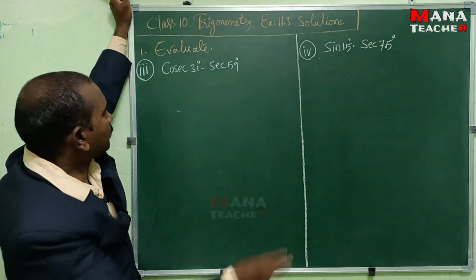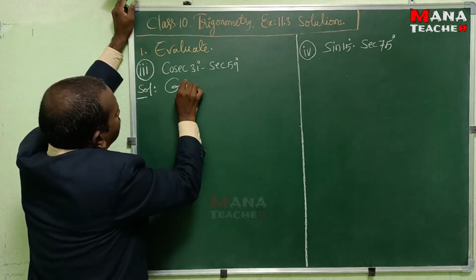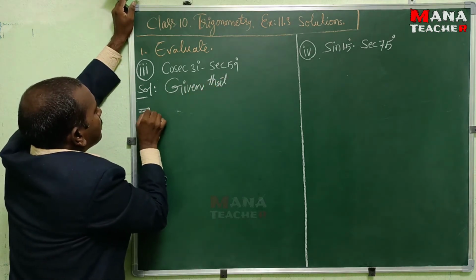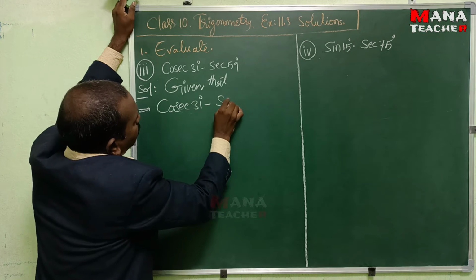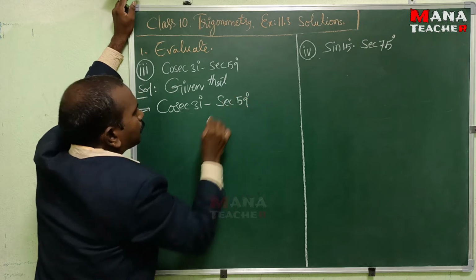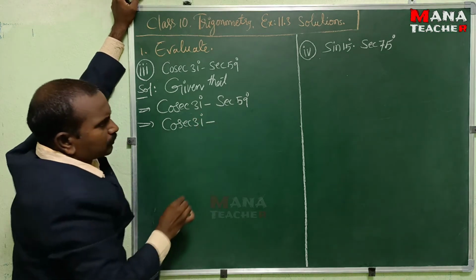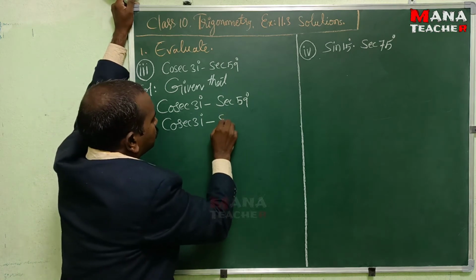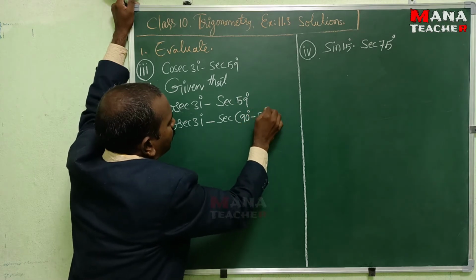Now third problem solution. Given cosec 31 degrees minus sec 59 degrees. Now write sec 59 in the form of sec(90 minus theta), sec(90 degrees minus 31 degrees).